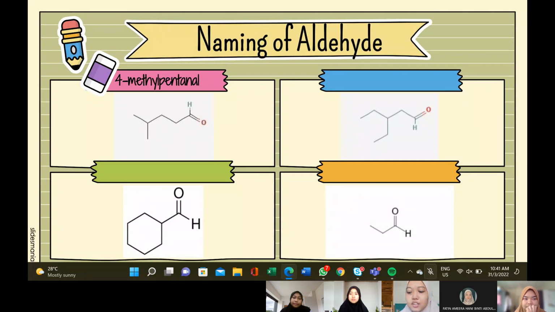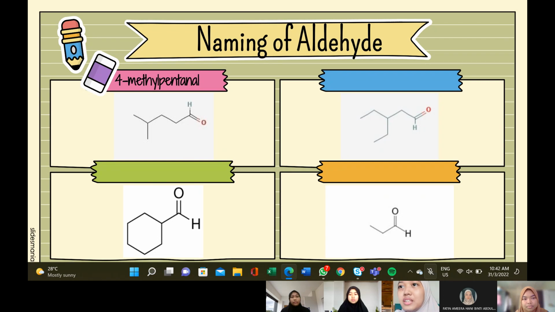Next, we go through the naming of aldehyde structures. The first structure is named 4-methylpentanal. Why is it called 4-methylpentanal? First, we look at the longest chain, starting from the first carbon. 1, 2, 3, 4, 5. There are 5 carbons. That means it is associated with pentane.